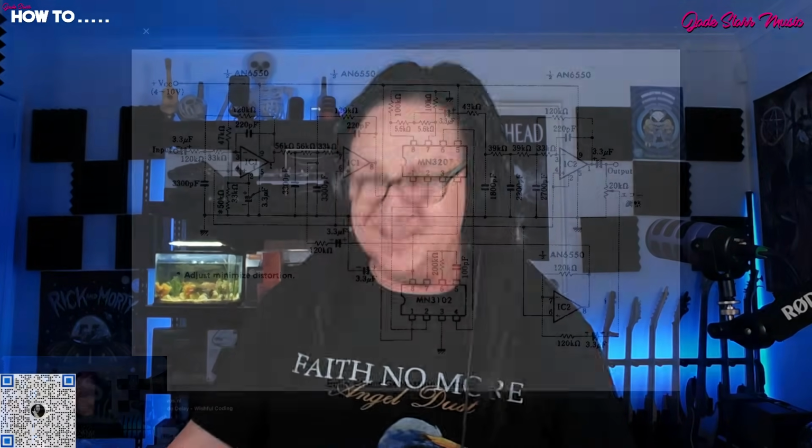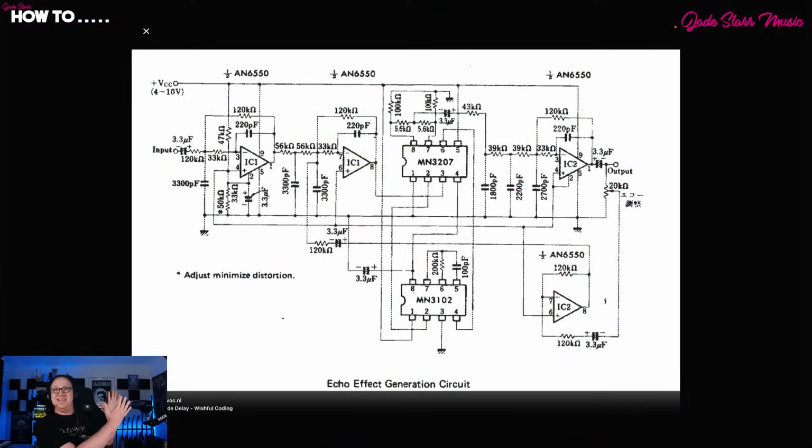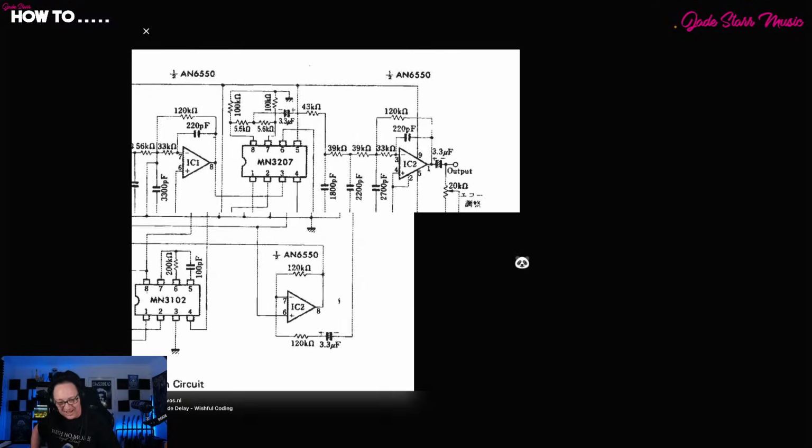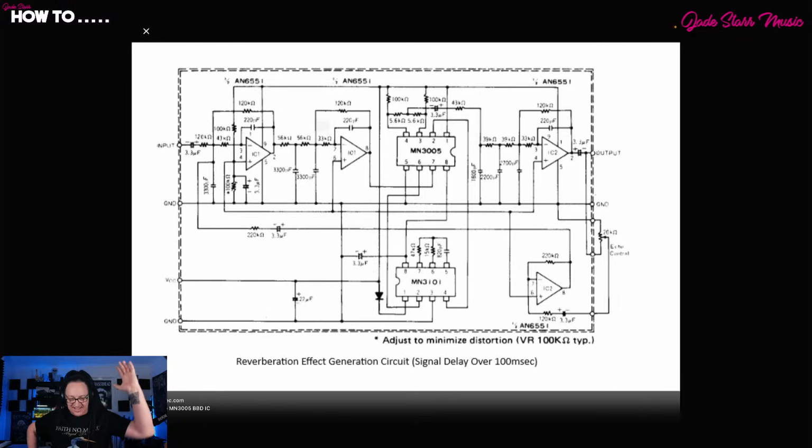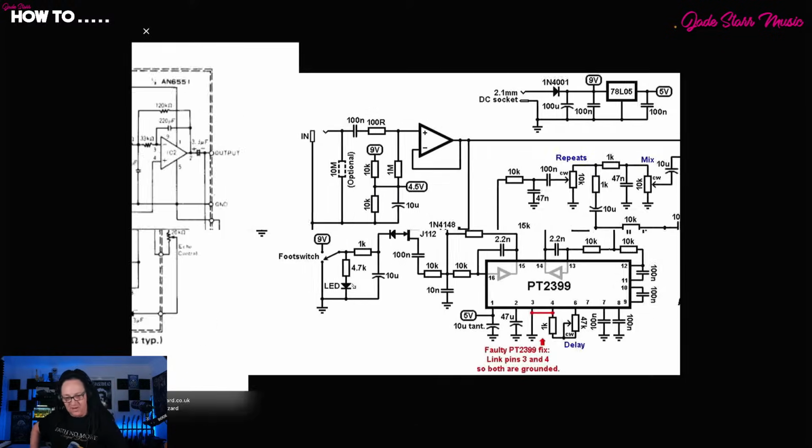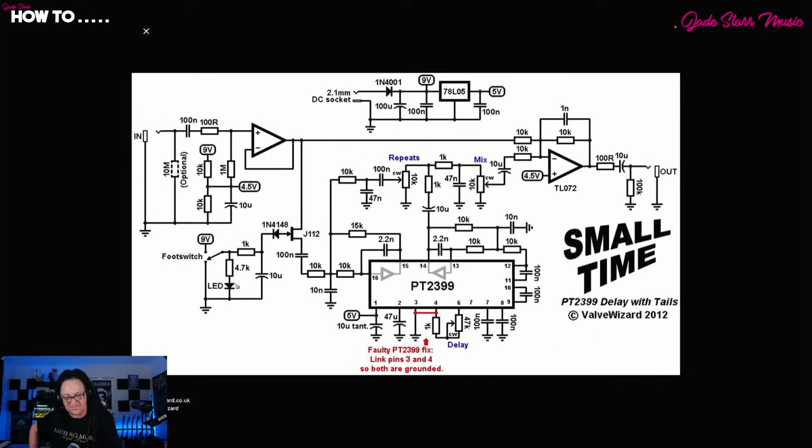There you go, there it is. Is everyone clear? Are we all good on Bucket Brigade delay? Anyway, I'm running out of time. We're going to have to skip over some stuff, but you're getting the idea.